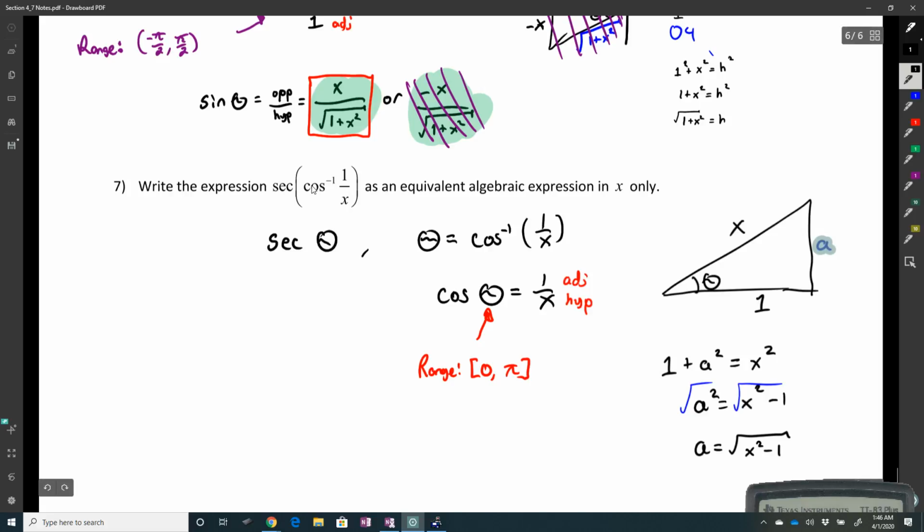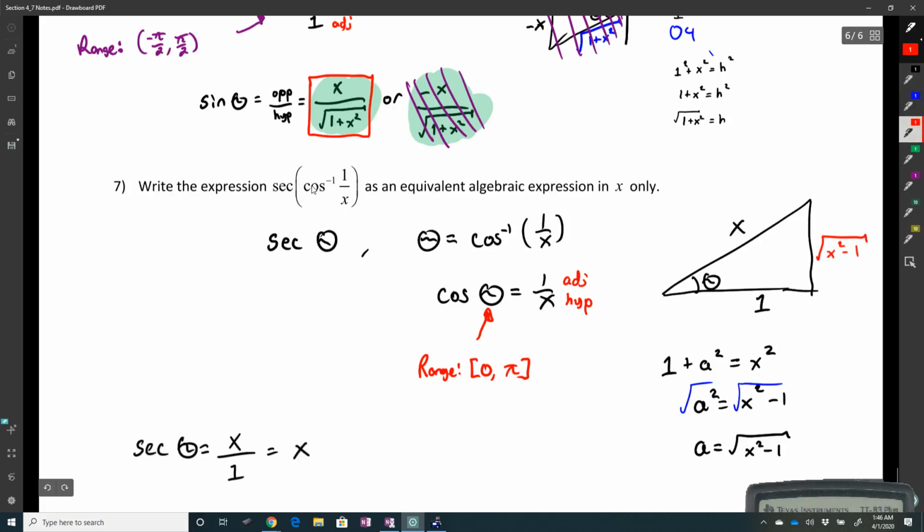And so that's what goes here. And so now I'm looking for a secant. Well, secant is just the flipped version of cosine. So if cosine is adjacent over hypotenuse, secant is hypotenuse over adjacent. So in this case, hypotenuse is x, adjacent is 1, and so my answer is just x.